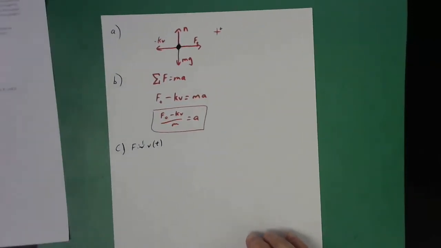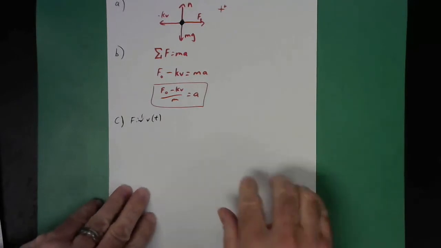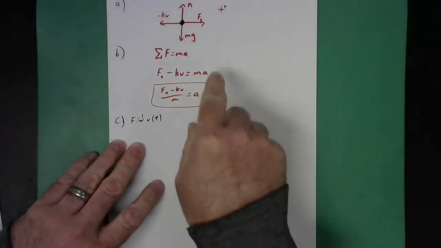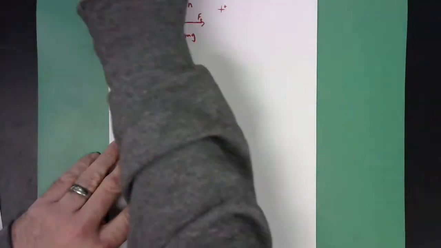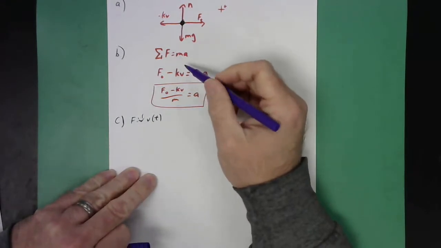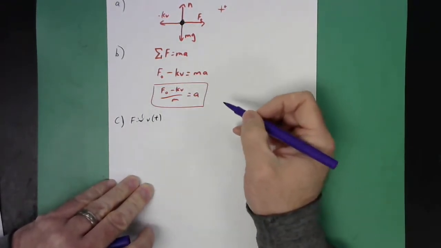So what I'm going to do is I want velocity as a function of time. And so I'm going to do F equals ma again, right? Basically, I'm going to do the same steps here. The difference is I need velocity as a function of time. There's no time in this equation.